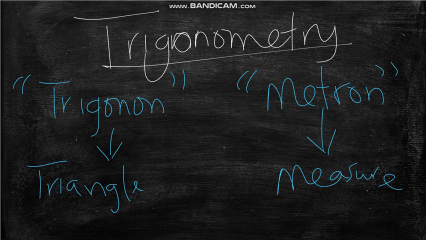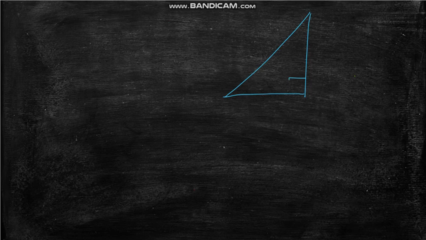So in this introductory part, we'll be focusing more on the right angle triangle. Let's say given a right angle triangle, we have our right angle there, 90 degrees.